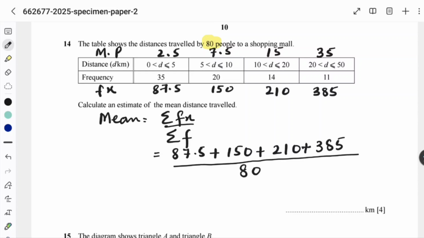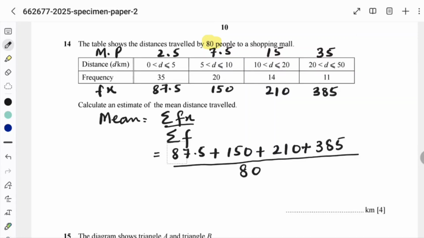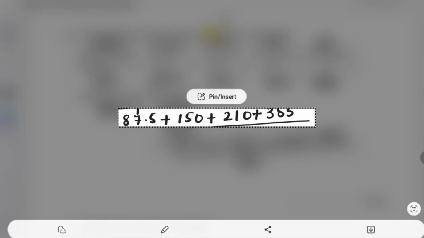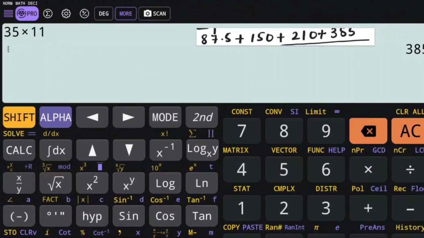So add all of them: 87.5 plus 150 plus 210 plus 385 is 832.5.